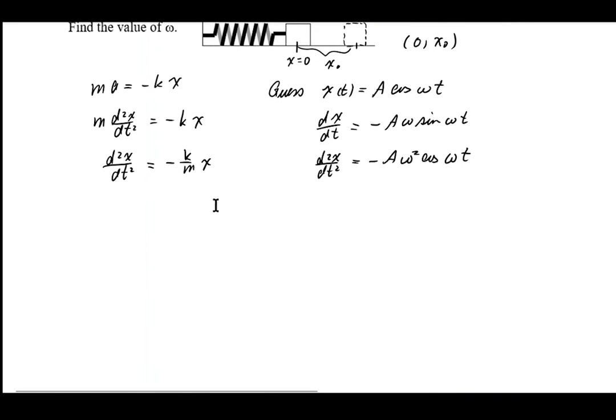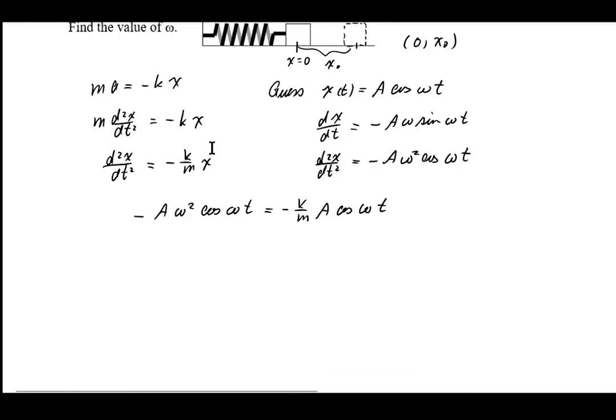So we substitute this expression into the left-hand side of the differential equation. We'll have negative a omega squared times cosine omega t. And on the right-hand side, we substitute this expression over here. So we have negative k over m from the differential equation and our x, which is a cosine omega t.